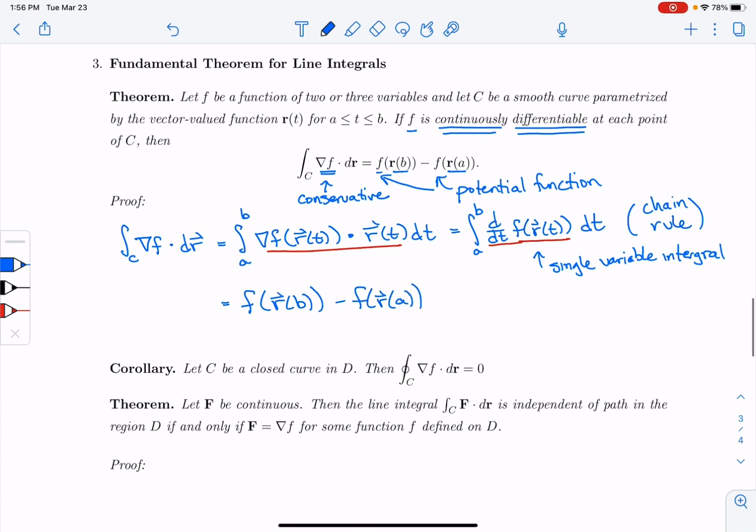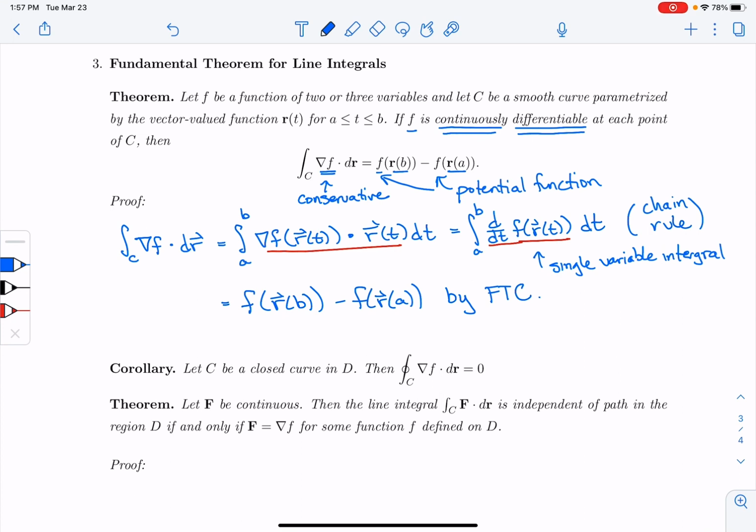Okay, so by the fundamental theorem of calculus. And so it actually isn't too hard to show that if you integrate the gradient of a function, okay, dot dr, that in fact you can evaluate that integral just by using the endpoints. Aha, so that says something about path independence there. This integral must be path independent because now all I need is the values of my function at the endpoints.